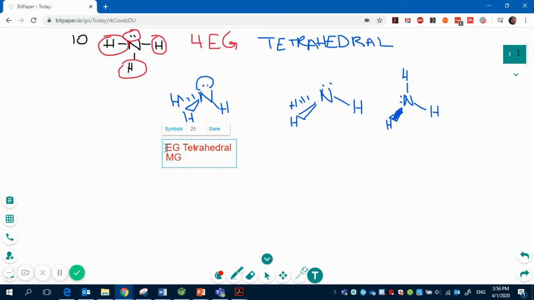Molecular geometry is, in this case, trigonal pyramidal. And the bond angles, in this case, this is one of the ones that I expect you to know. The parent shape, tetrahedral, has bond angles of 109.5. In ammonia, the bond angle is 107.